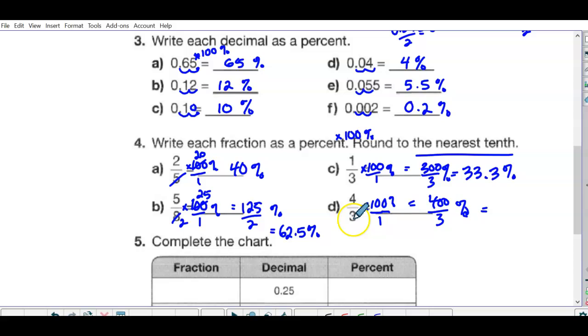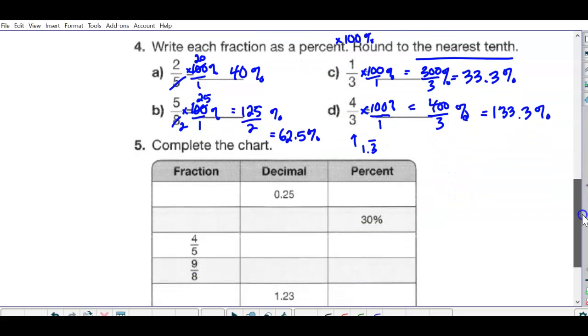Well, 4 over 3 is 1.3 repeating. So if we move the decimal 2 to the right, it's going to be 133.3 rounded to the nearest tenth percent. Okay, because 4 is bigger than 3, so you know it's going to be more than 100%.